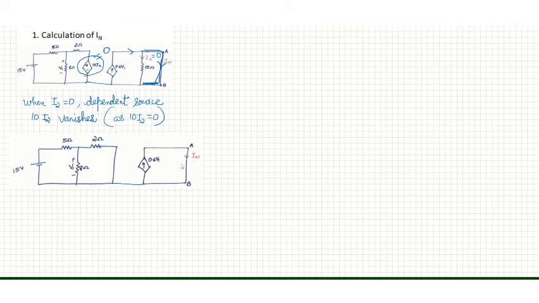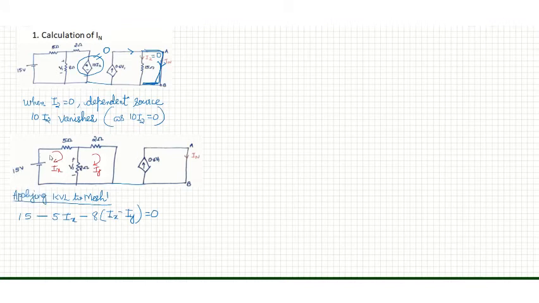Now we have to find IN. In order to find IN, let's consider the mesh currents IX and IY. Applying KVL to mesh 1, the equation will be 5 minus 5ix minus 8 into (ix minus iy) equal to 0.